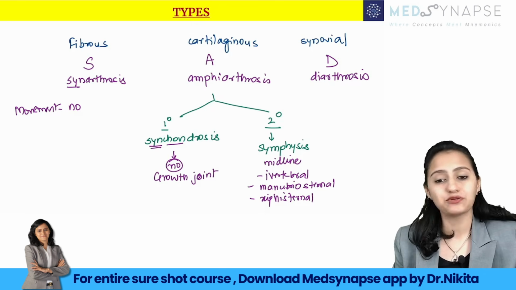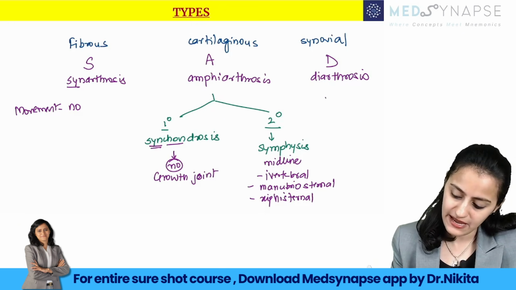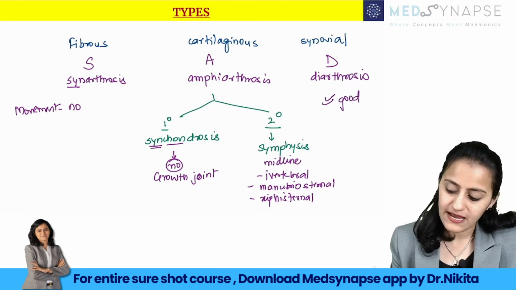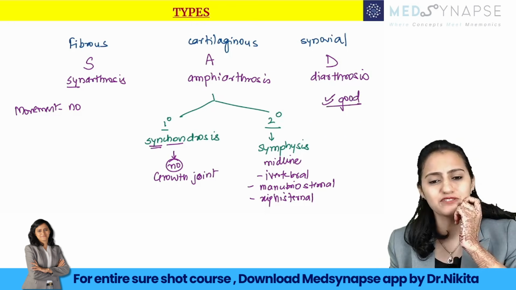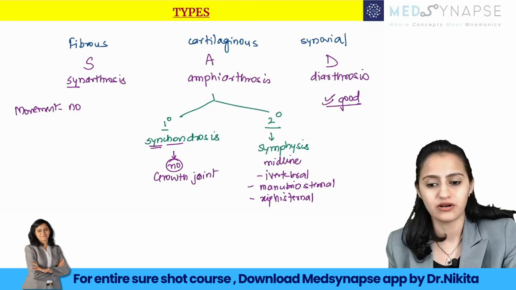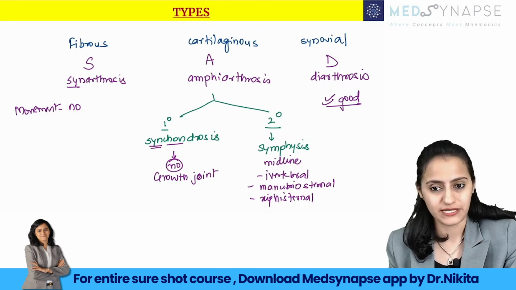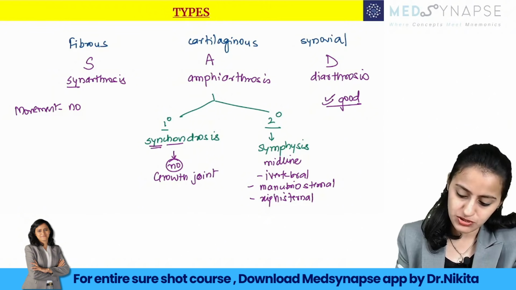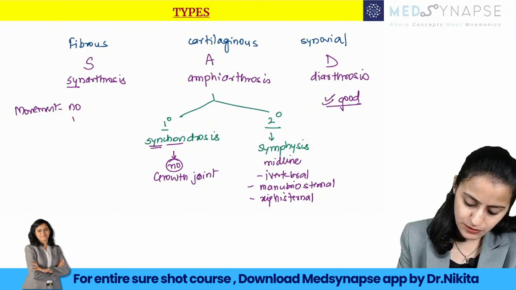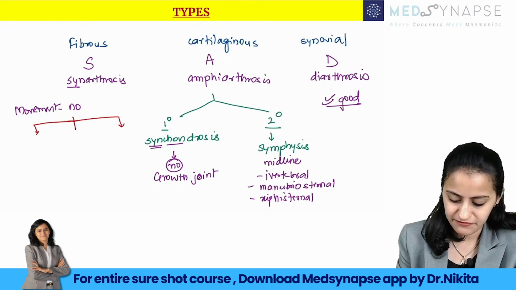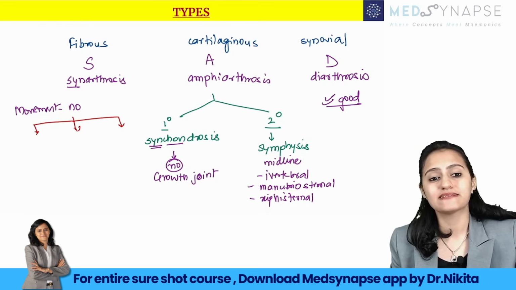Now, in the synovial joints, diarthrosis means they have a good range of movement. All the rest of the joints, the hinge joint, ellipsoid, condylar, the ball and socket, all of those are synovial joints. So we should also know what else comes under the fibrous joints, basically where there is no movement.